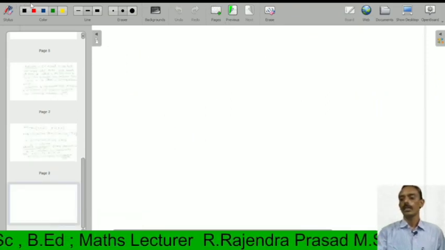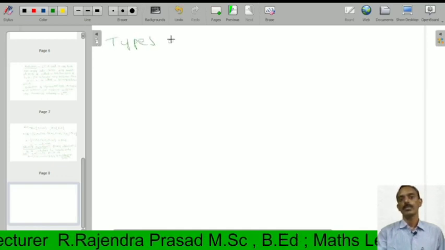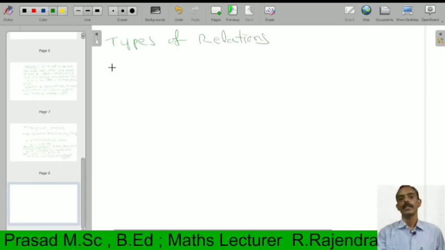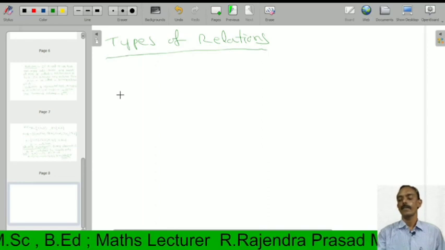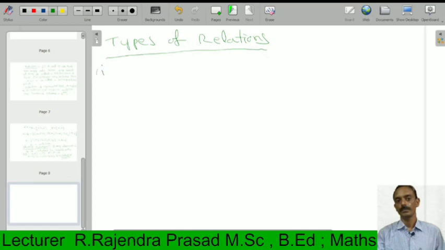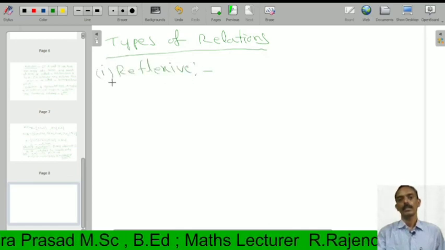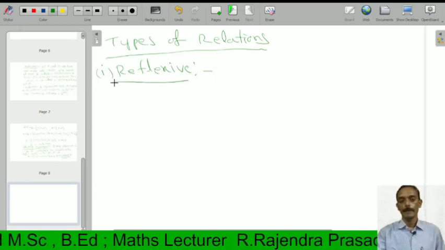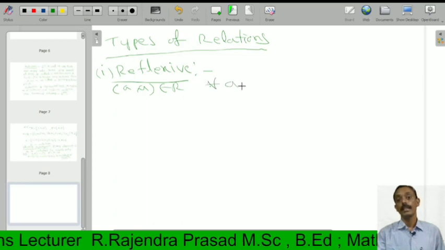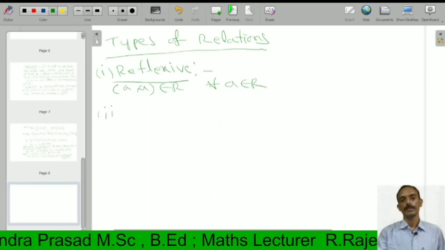Types of relations. First, reflexive. Reflexive means (a, a) belongs to R for all a belongs to A. This is reflexive.